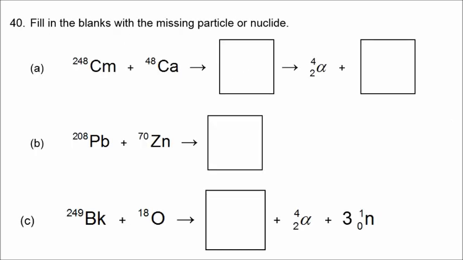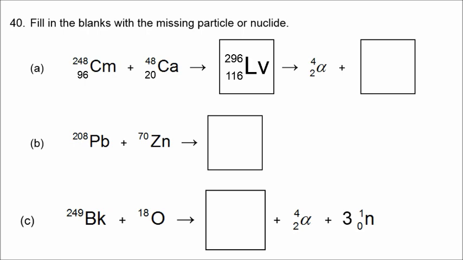To fill in the blanks, we've got to do the math. Let's go ahead and fill in the atomic numbers to make our life easier here. So curium is atomic number 96. Calcium is atomic number 20. So what goes in that first box would be 296 over 116.